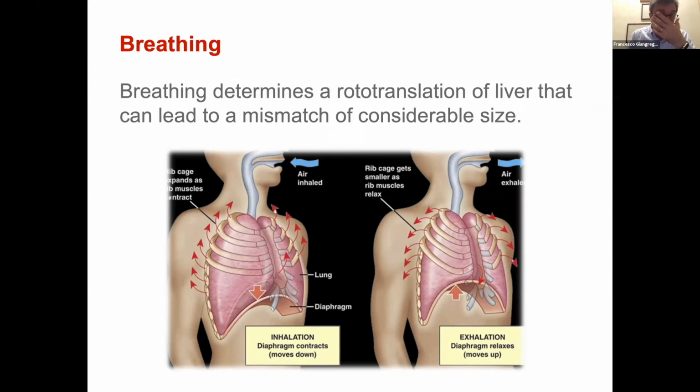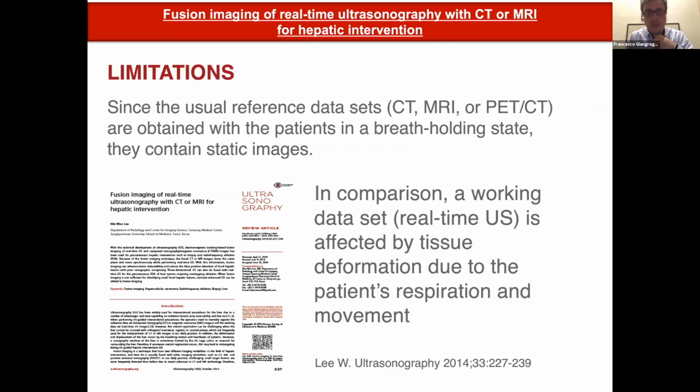There is one problem. The breathing determines a rototranslation of the liver that can lead to a mismatch of considerable size. And this was already known in the past and was said also in literature.